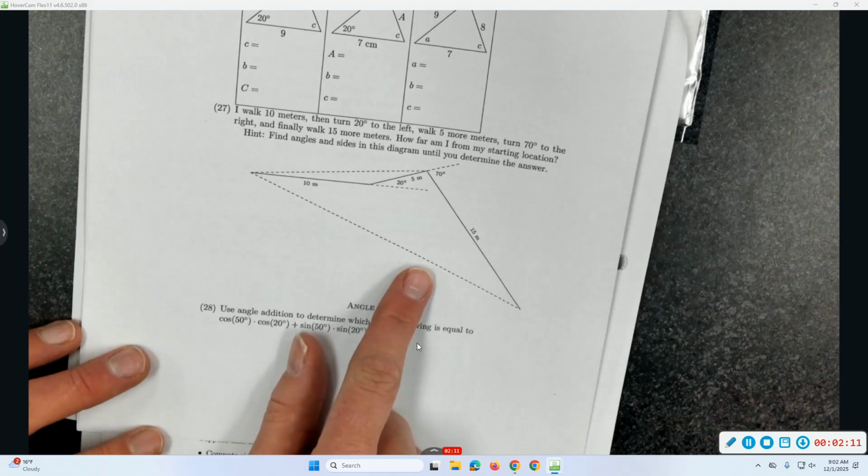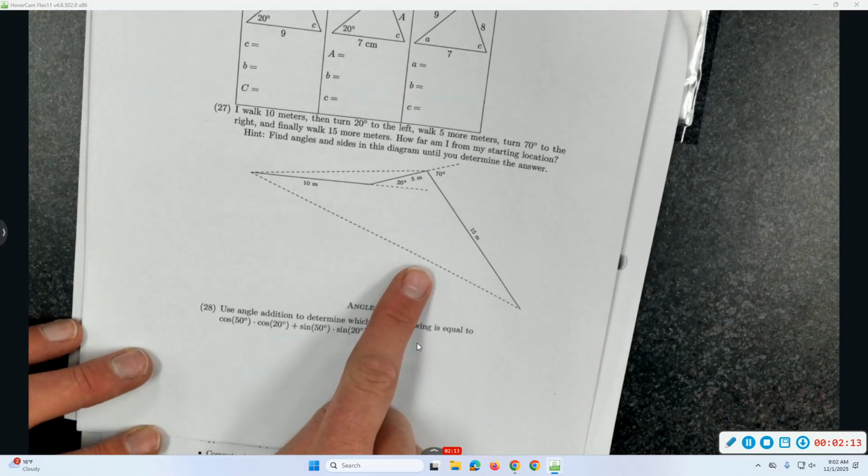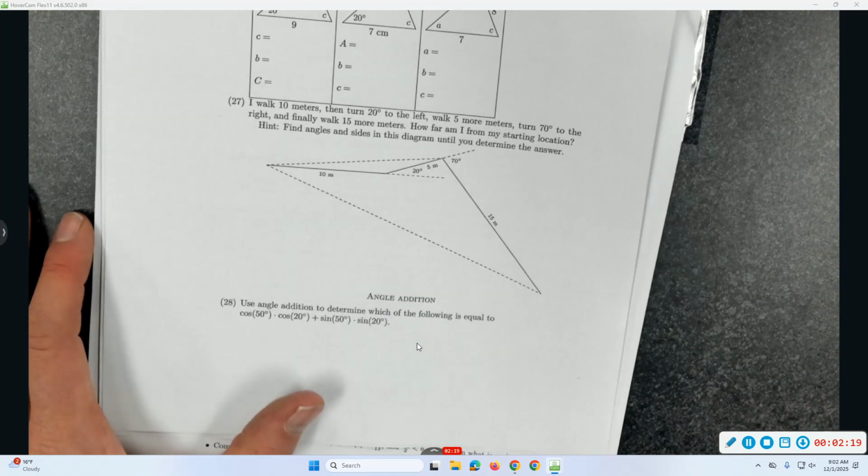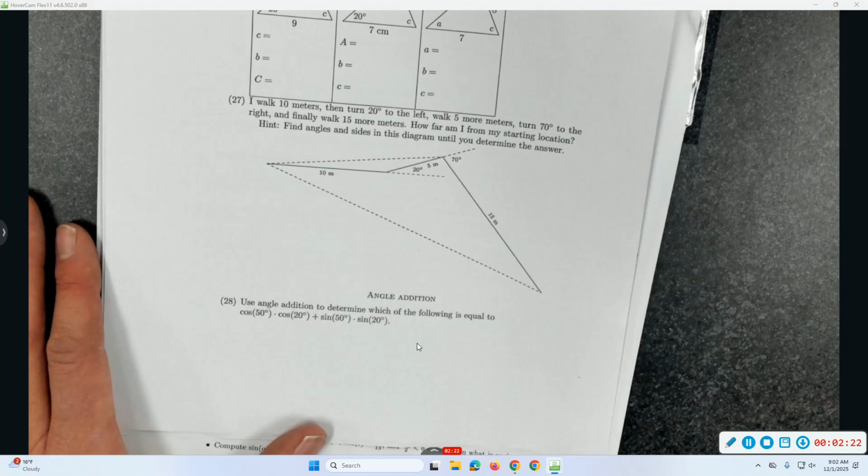Do things like figure out the lengths in this diagram using the philosophy we have of these triangle rules.